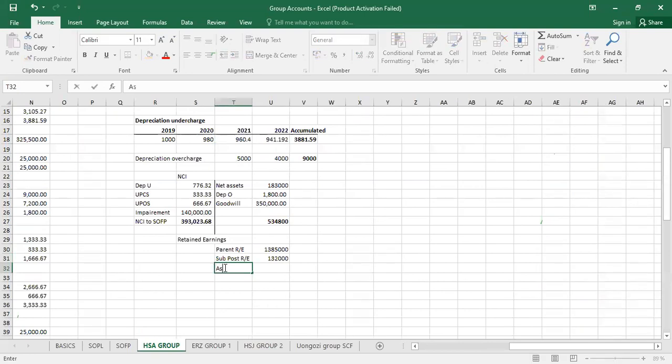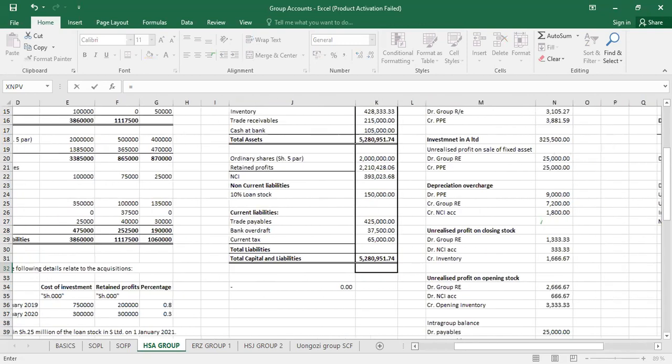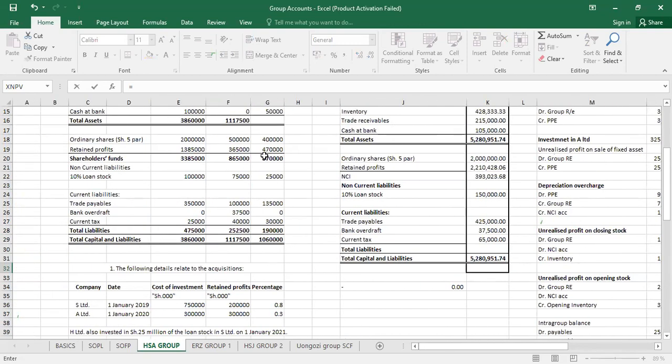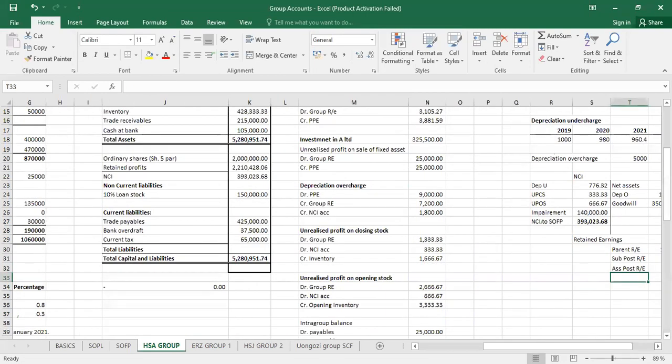Associate post-acquisition retained earnings equal 0.3, the percentage you multiply by, open bracket, this one minus the 300, close your bracket, enter.